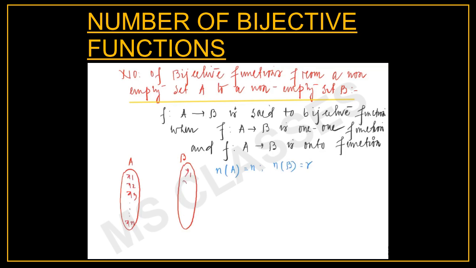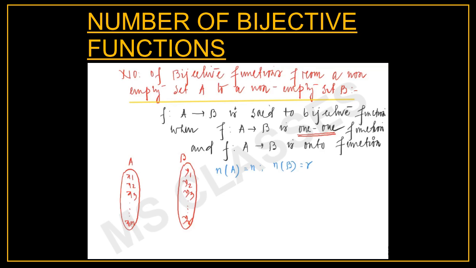Here y1, y2, y3, yr. Here we have n elements, here we have r. Now, when we count the number of one-one functions possible, we have a restriction on n and r. What is the restriction? It is possible to have a one-one function when r is greater than or equal to n.